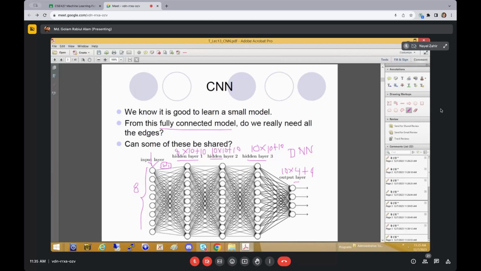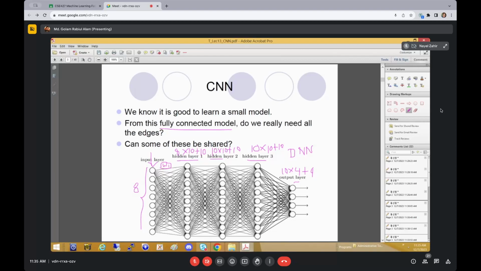So every weight is different; none of the weights are shared. So can we design something where the weight is shared among different neurons? If weights are shared among different neurons, then the number of weights, or the number of learned parameters, will be reduced.